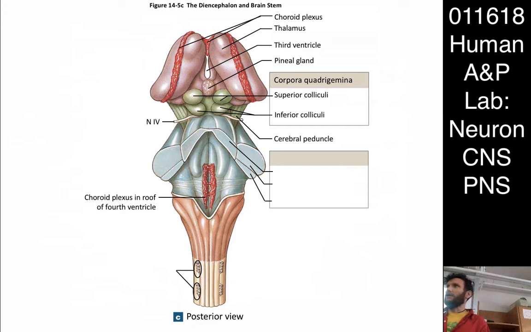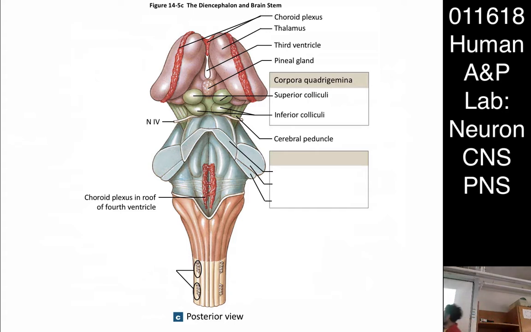There's coordination, like you see something flying at you, and there are relays that happen there that enable you to duck. Or you hear something and it makes you duck. Those kinds of signaling events happen in the corpora quadrigemina.